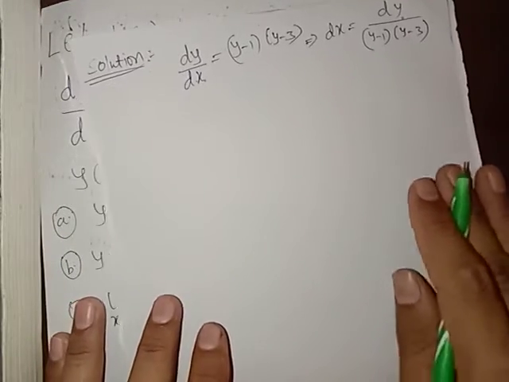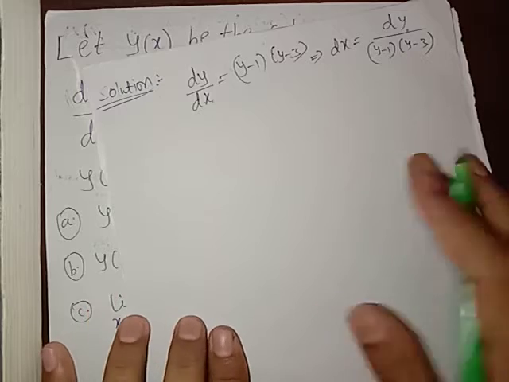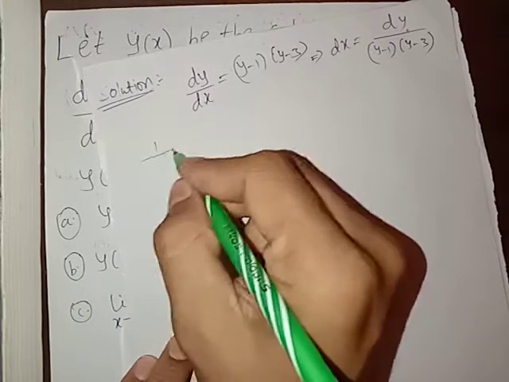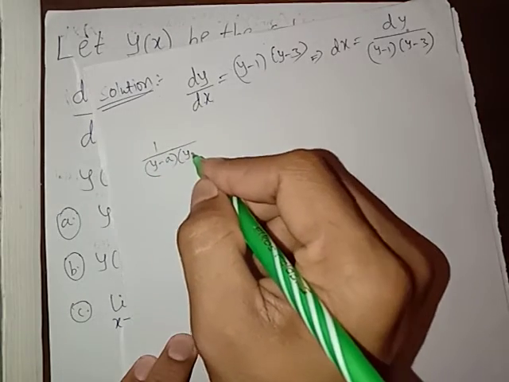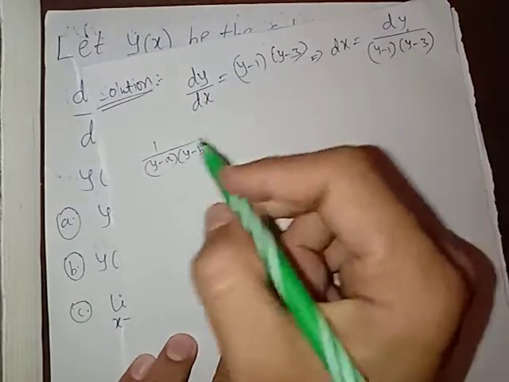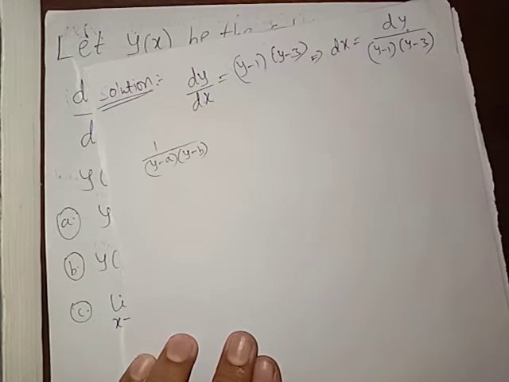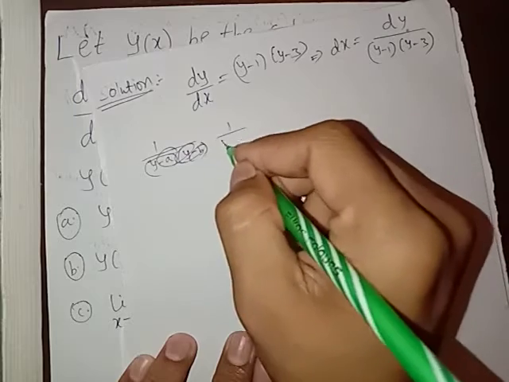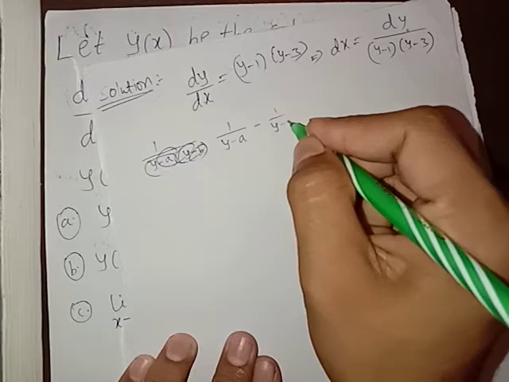Now if some functions are like 1 divided by y minus a into y minus b, in this manner, then we can take 1 divided by y minus a minus 1 divided by y minus b.